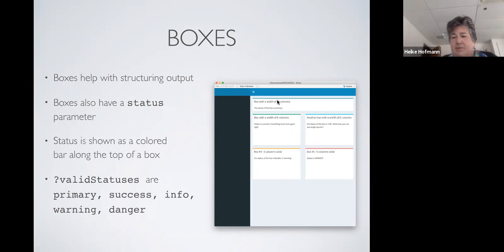Primary is a dark blue line along the same color scheme as the Shiny app itself. Success is green, info is light blue, orange is a warning, red is danger. So you can use this color scheme if you want to give more feedback to a user. When they actually have to do something, you might want to use a danger symbol, or if you want to warn them, you can use orange for that.